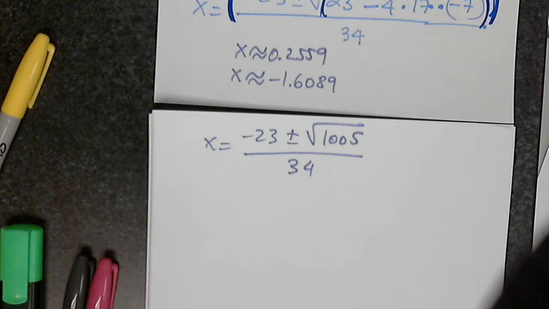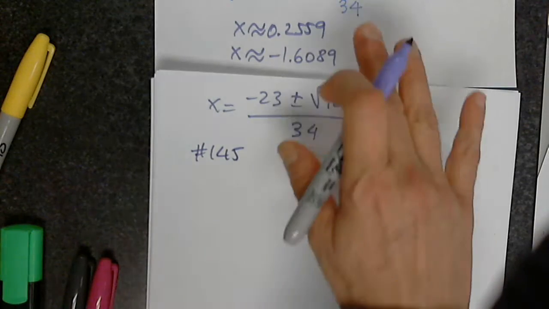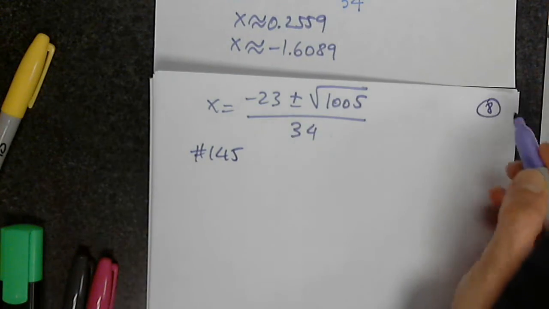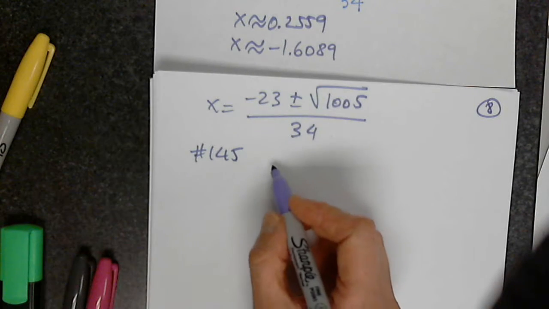I would like to look at an application. My colleagues recommend 137, 145. Yes, let's look at 145. The length of a rectangular sign is 3 feet longer than the width.